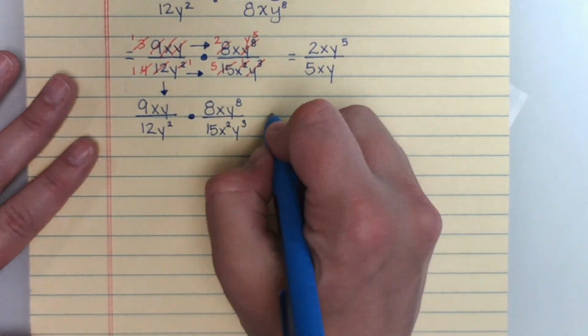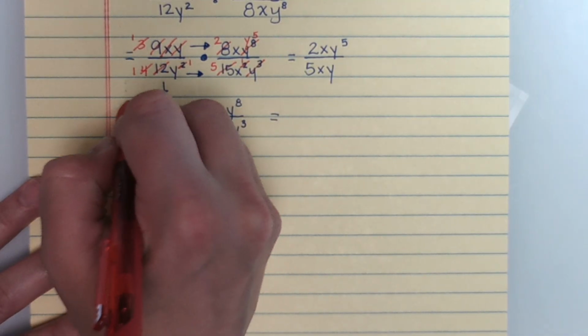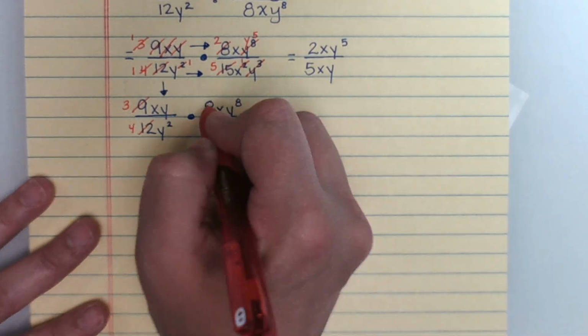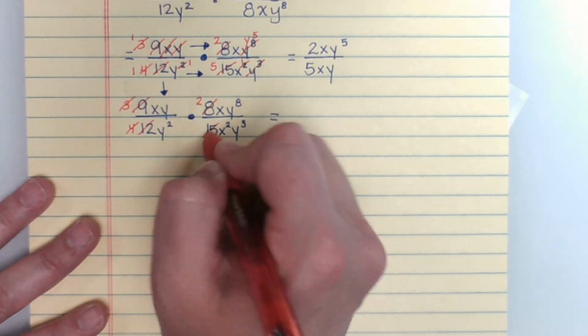Personally, on this one, I would have recognized I could pull the 3. I could pull the 4. I could pull a 3 again.